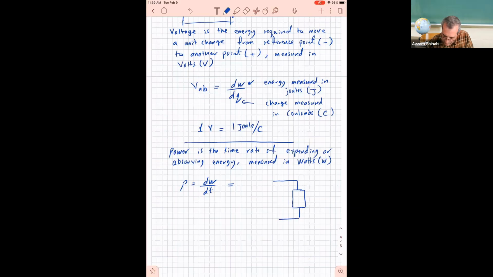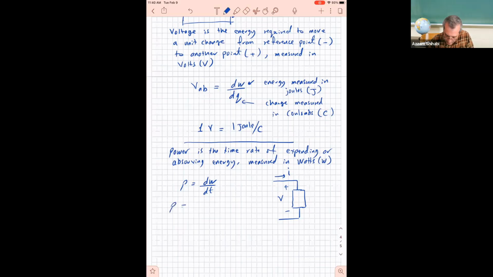So we have, let's say this is current flowing here, and this is the voltage across the element. So in terms of I and V, I'm going to find an equation that will give me the power in terms of the current going through the circuit element and the voltage across the circuit element. So we do it here.